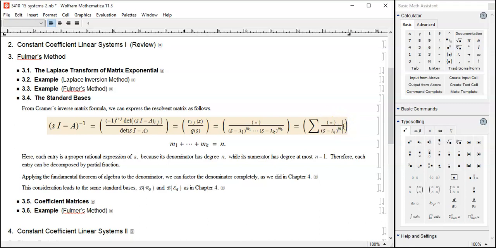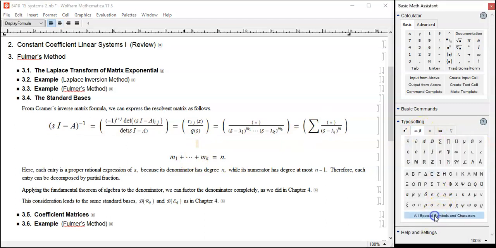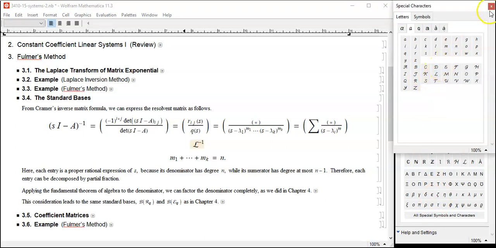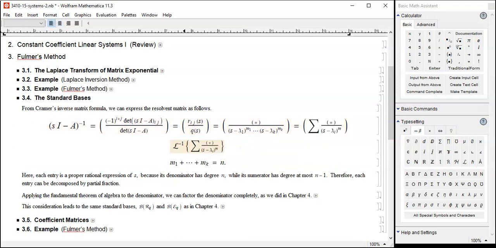You're going to get exponentials. The numerator, I don't care, that's going to be something complicated.